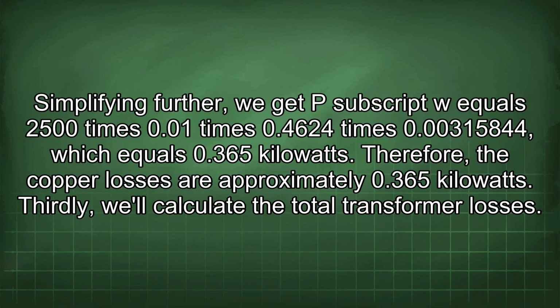Simplifying further, we get P subscript W equals 2500 times 0.1 times 0.4624 times 0.315844, which equals 0.365 kilowatts. Therefore, the copper losses are approximately 0.365 kilowatts.